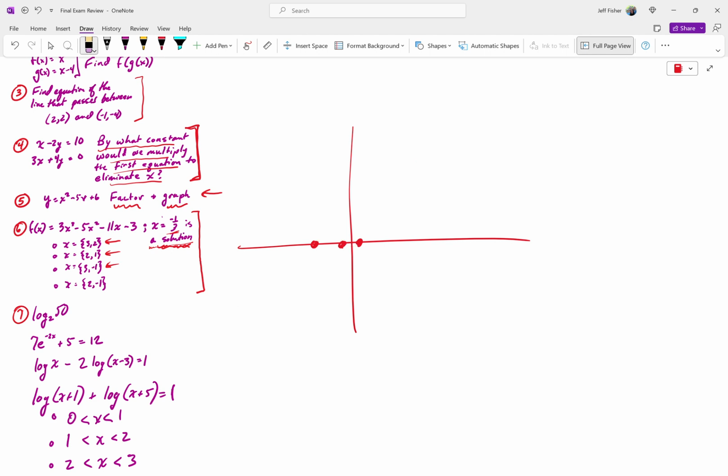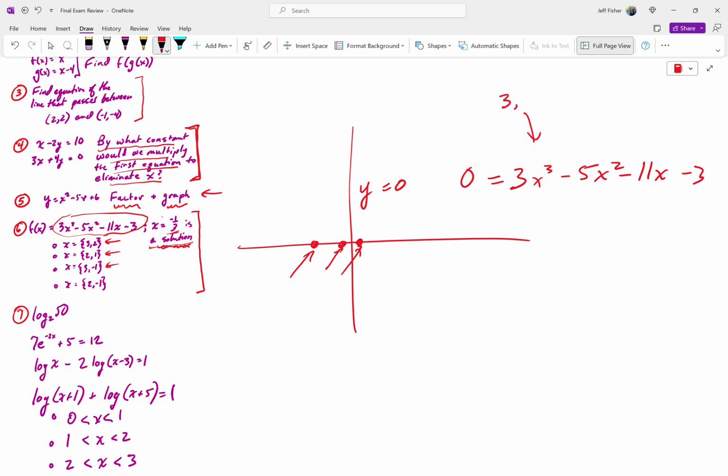So to find that, we know we care about points that are on the x-axis, which means y equals 0. Well, if y equals 0, we can just set 0 equal to our polynomial, 0 equal to 3x cubed minus 5x squared minus 11x minus 3, and put values in that are from our answers to see which ones work.